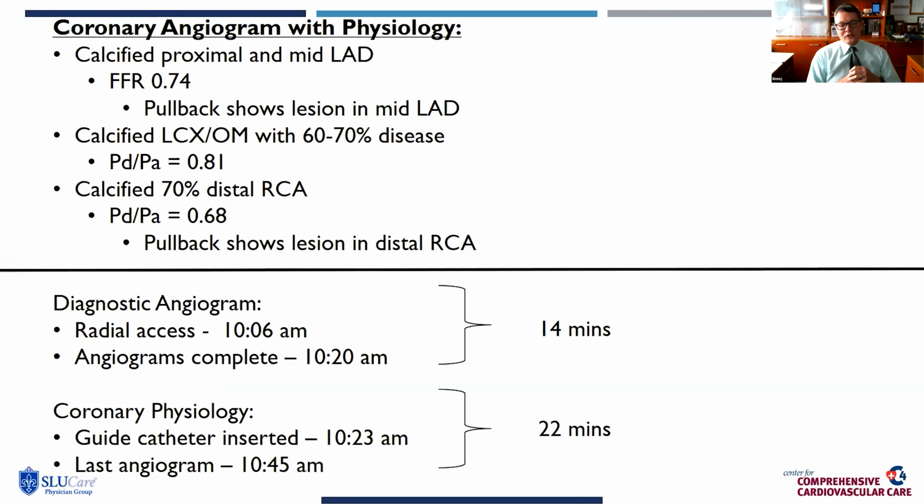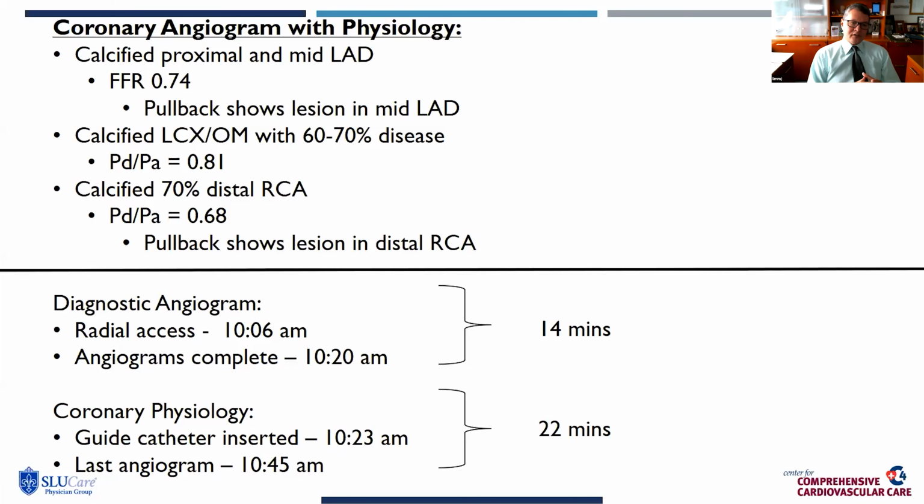Some people would argue that this takes a lot of time, but if you look at the actual logs here, the diagnostic angiogram took 14 minutes in this patient, and the coronary physiology took an additional 22 minutes. In that, you see a calcified mid and proximal LAD with an FFR of 0.74, showing significant lesions in the LAD, and calcified lesions in the circ OM system with a resting Pd/Pa ratio of 0.81.